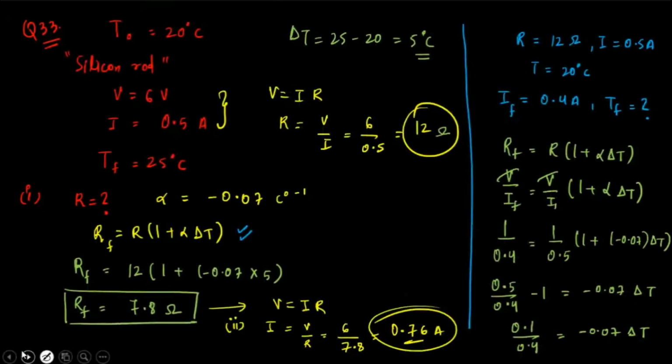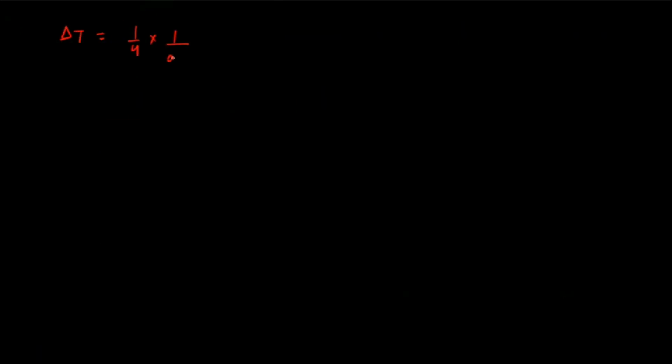When we solve this equation, delta T must be equal to 1 by 4 times 0.07, that too in negative. So it is going to be 1 over 0.28, that too in negative.